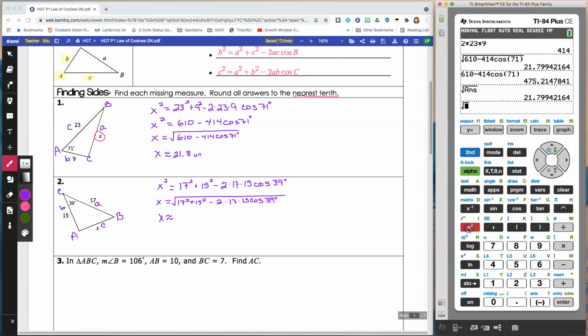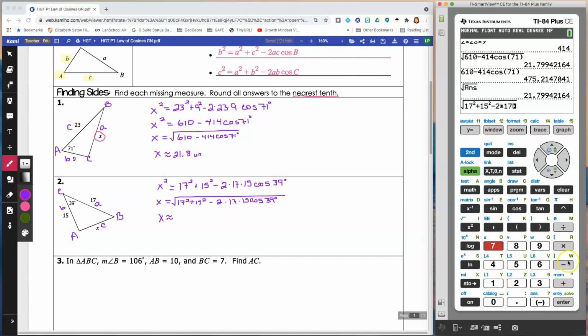So I have second x squared, there's my square root, 17 squared plus 15 squared minus 2 times 17 times 15 times the cosine of 39 degrees.